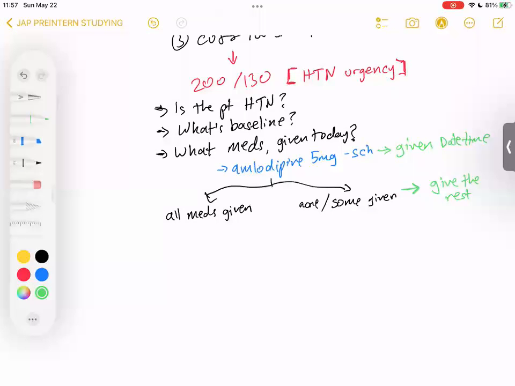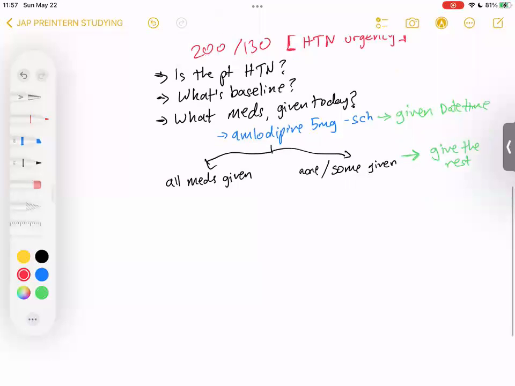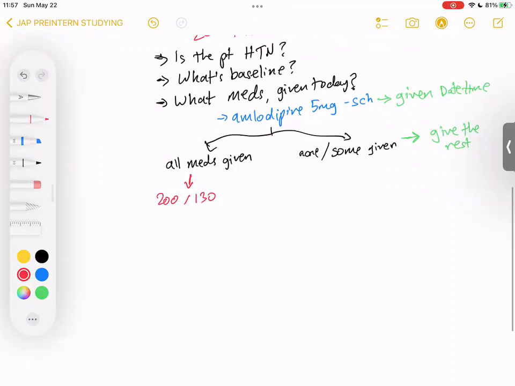Because a lot of the time people go into hypertensive urgency when they stop their medications abruptly, okay? You just need to give them back the medications, especially if they're asymptomatic. But where you get in trouble is if all medications were given and you still have a guy with blood pressure of 200 over 130, even though all medications were given, okay?